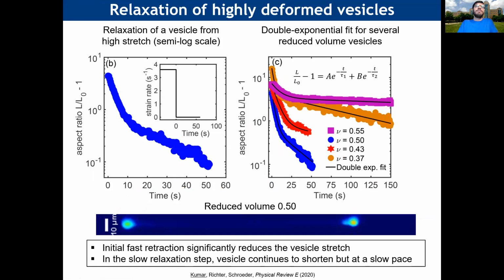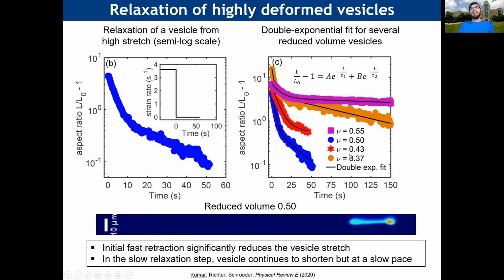Now, if we only focus on the relaxation of these vesicles from highly deformed shapes, interestingly, we saw that the relaxation of the vesicle occurs by a two-mode double exponential decay. The initial relaxation is very fast, and after that the vesicle changes into a slow relaxation stage. So if you plot the aspect ratio of the vesicle as a function of time on a semi-log scale, you get two different slopes.